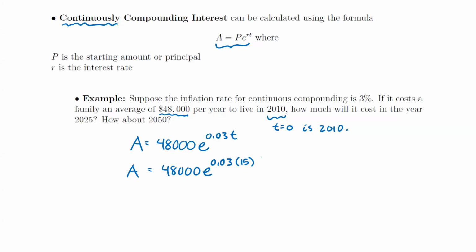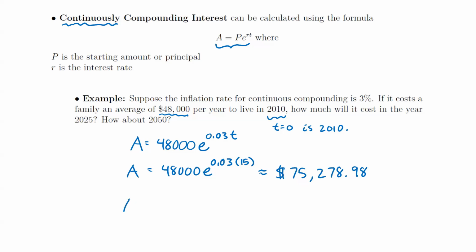And when I make that calculation, I end up with $75,278.98. So if you have an inflation rate of about 3% per year over a 15-year period, then you can see that if you're getting paid 48,000 a year, just to keep up with your same standard of living, your salary is going to need to grow all the way to 75,000, 15 years later.